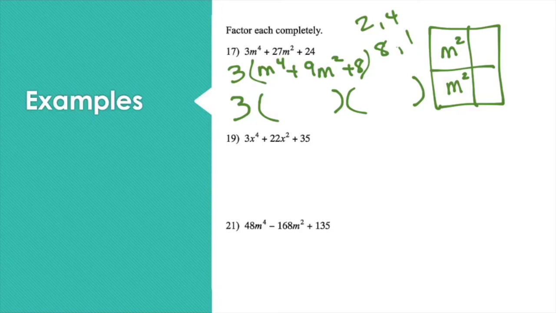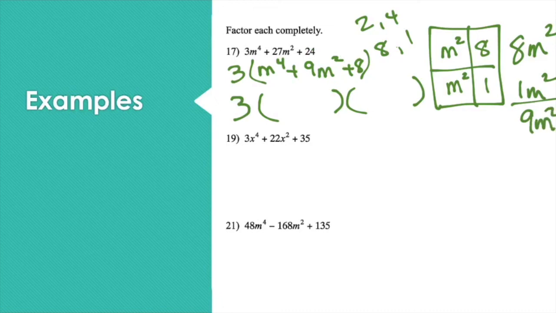So if I did 8 and 1 and I checked my diagonals, this diagonal is going to be 1m squared, and that's going to be 9m squared. So we'll have 8m squared and 1m squared, just to check that I am going to get my diagonal that I want.